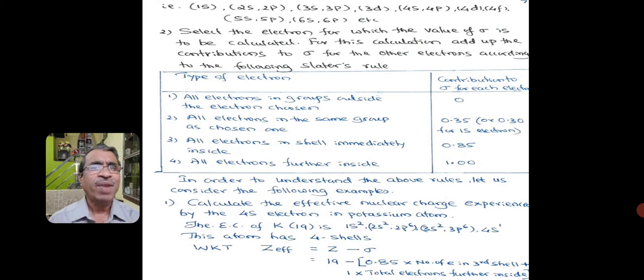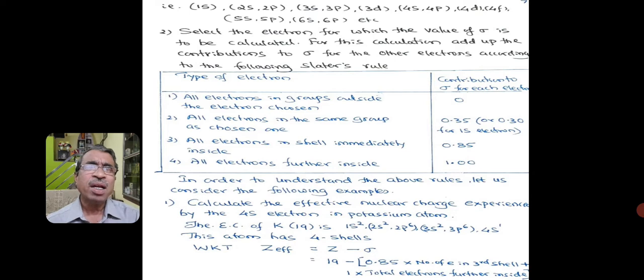I will explain this further by taking an example. All electrons in the shell immediately inside contribute 0.85. All electrons further inside contribute 1 to sigma.